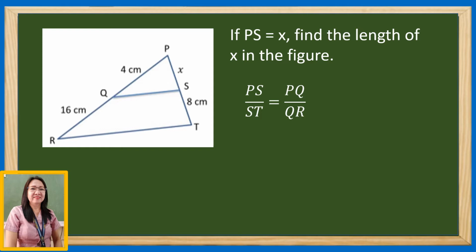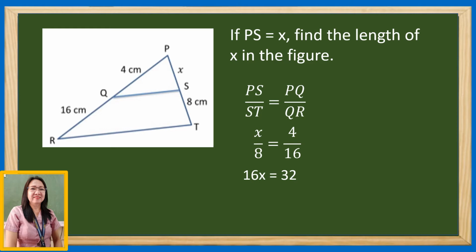Let us do the substitution. PS is represented as X, ST is 8 centimeters, PQ is 4 centimeters, and QR is 16 centimeters. Then, if we do the cross multiplication, X times 16 is 16X, and 4 times 8 is 32.